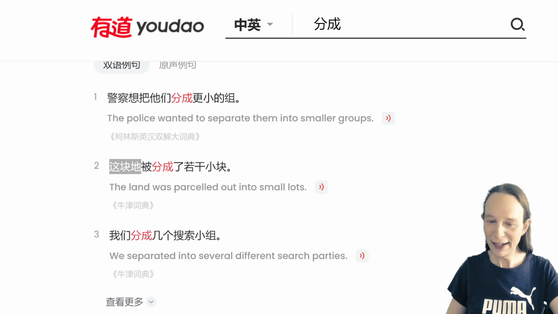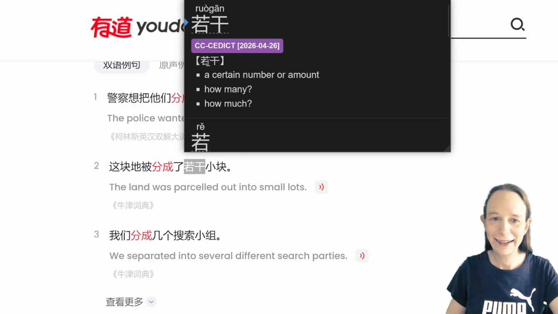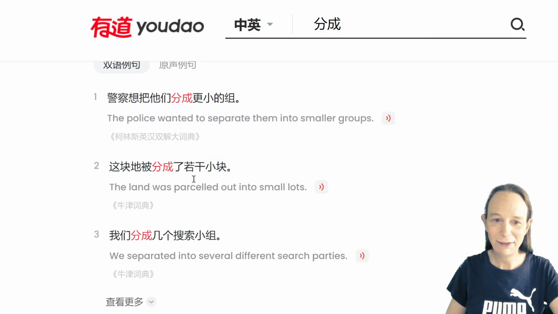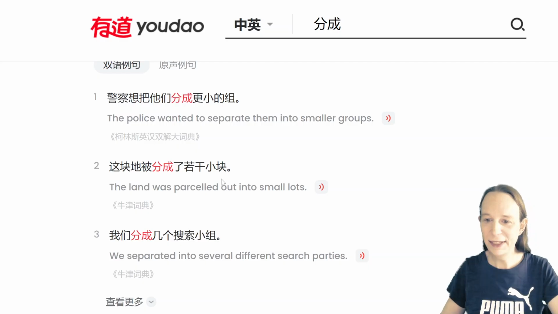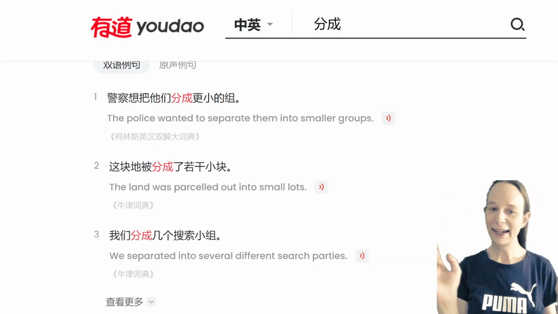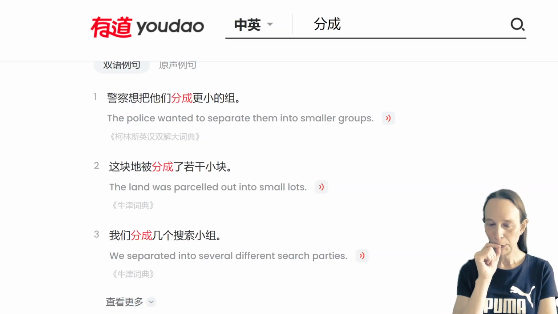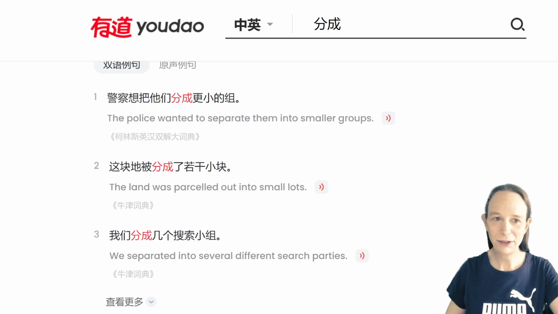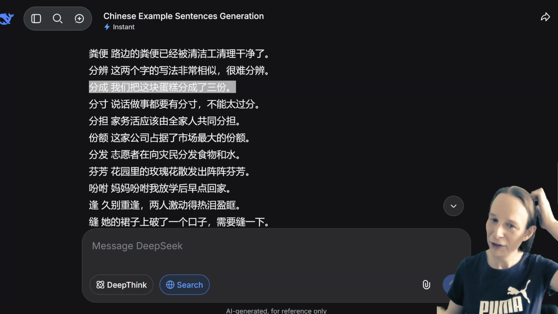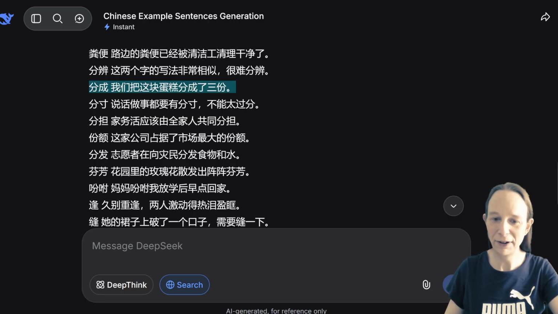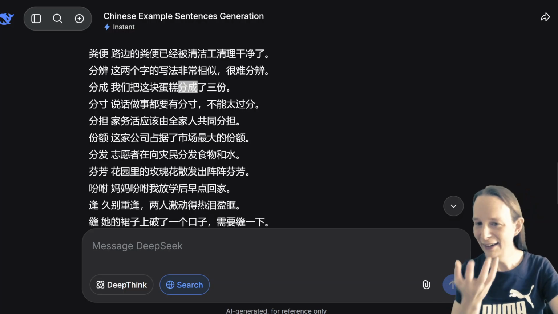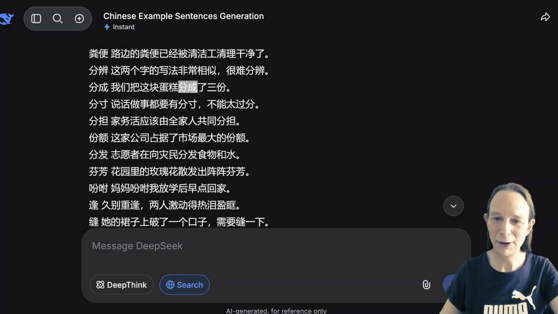So this tract of land was split into several. 若干 is several, a certain number. So it's very unspecific as to what is being divided up. Seems like it's ultra broad. Maybe you're better off choosing a more precise verb in your output, or at least I would choose a more precise verb, unless you don't know what the precise verb is.